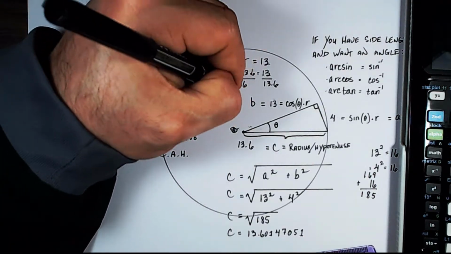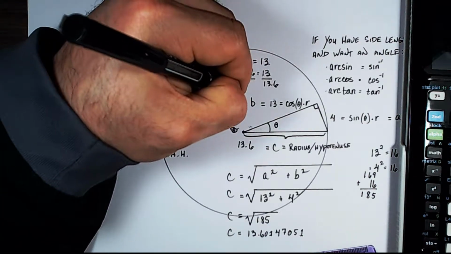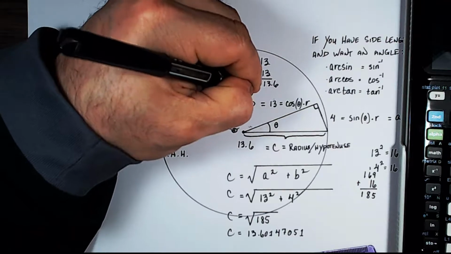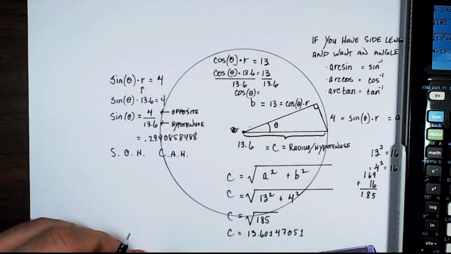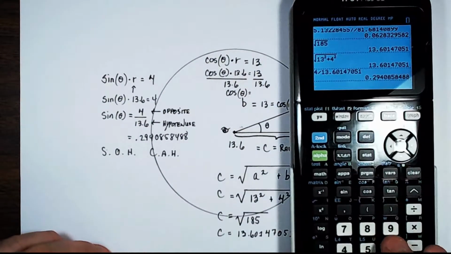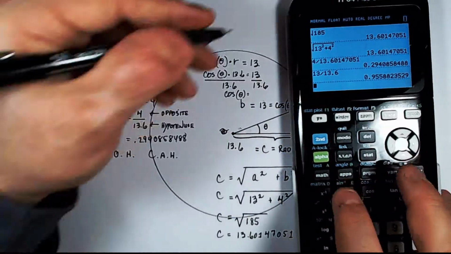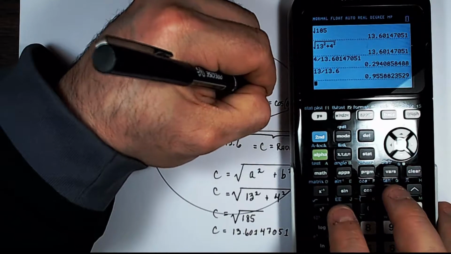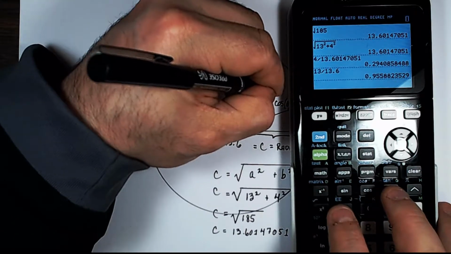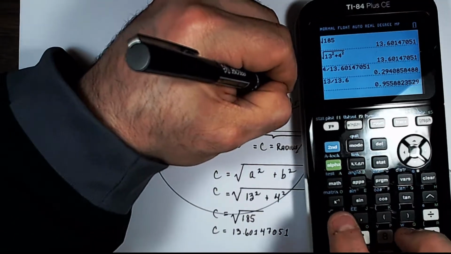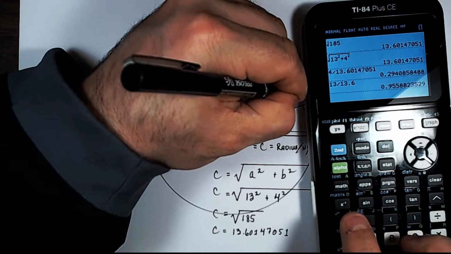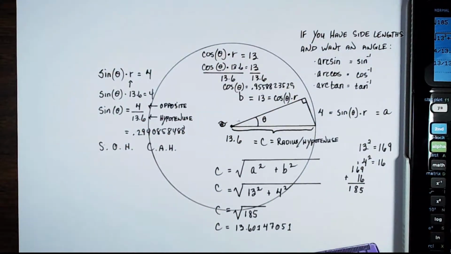Okay, and what that actually evaluates to, cosine theta equals 13 divided by 13.6, and that gives me 0.95588233529. That's all well and good.